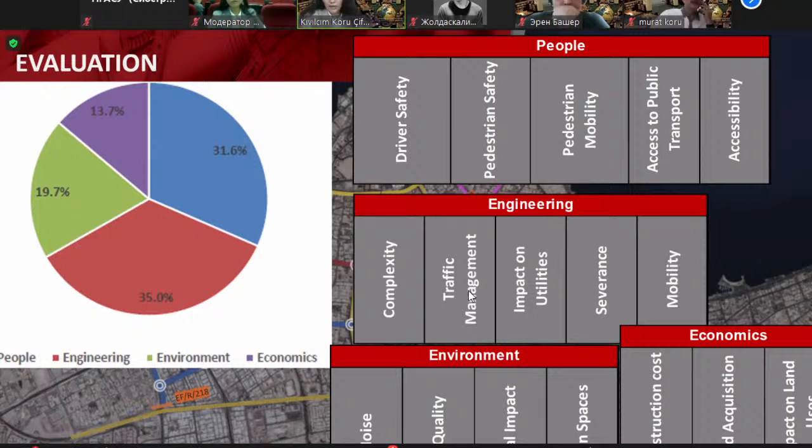For people, we considered driver safety, pedestrian mobility, access to public transport, and accessibility. For engineering, we considered complexity of the project, traffic management, impact on utilities, severance, and mobility. For the environment, we considered noise, air quality, visual impact, green spaces. And for economics, we considered construction cost, land acquisition, and impact on land uses.